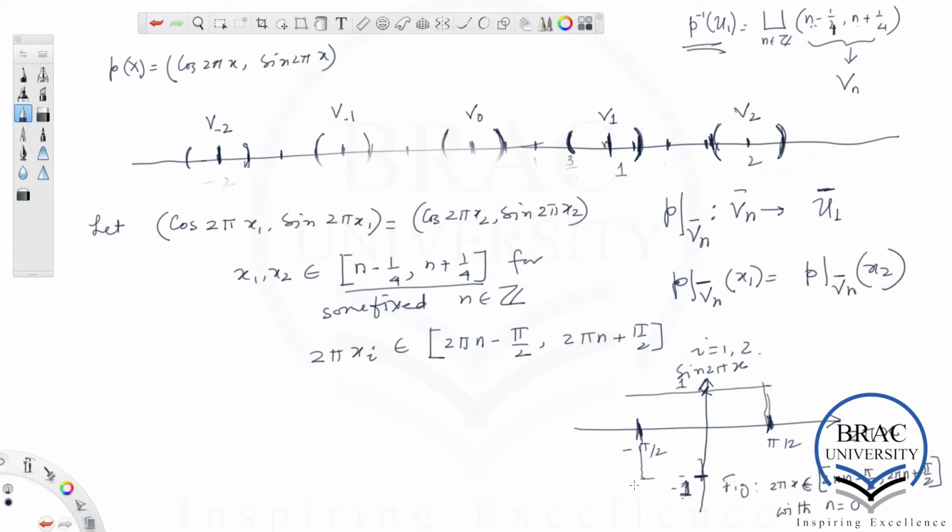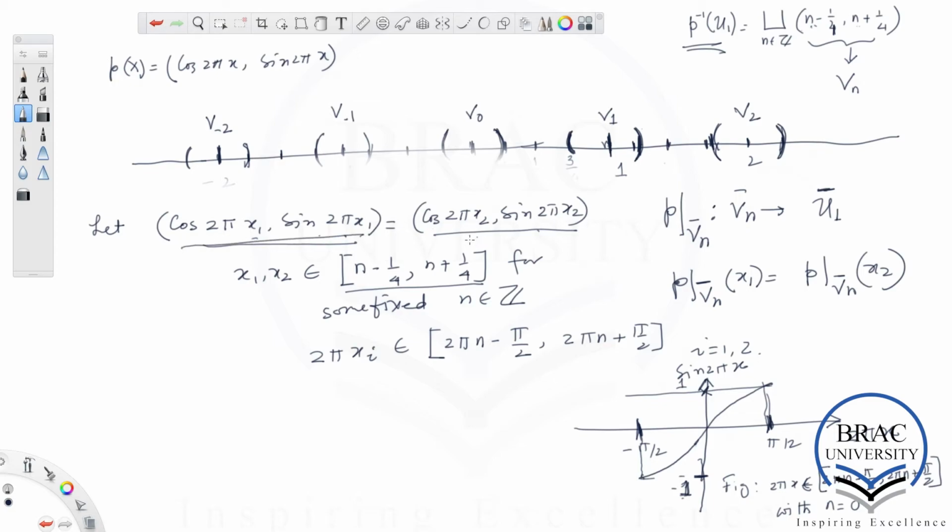These are the two maximum possible values: the smallest negative value that it can achieve is negative 1, and the highest positive value that it can achieve is positive 1, and it's a sinusoidal wave, something like this. So if this pair is equal to this pair, then the coordinates should be the same, meaning that cosine 2 pi x1 should be the same as cosine 2 pi x2, and we also need sine 2 pi x1 to be equal to sine 2 pi x2.